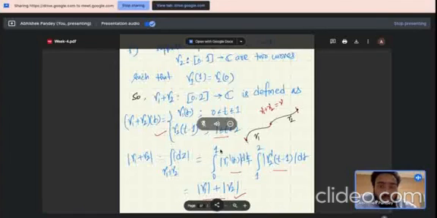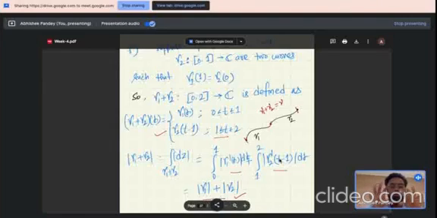From 0 to 1, gamma 1 plus gamma 2 dot t is gamma 1 dot t, and from 1 to 2 it is gamma 2 dot t minus 1. So what is this one? Take t minus 1 equals u, so dt equals du. At t equals 1, u is 0, and at t equals 2, u is 1. So again it is the integral from 0 to 1 of gamma 2 dot u du.